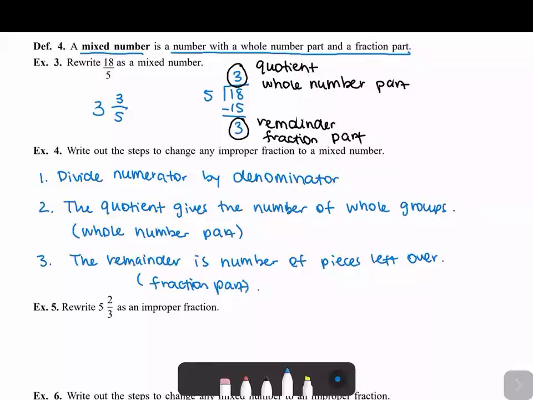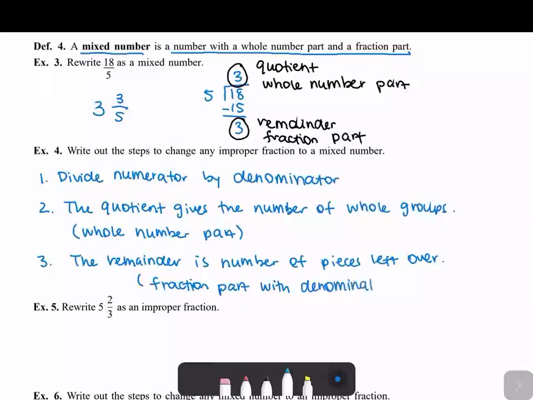Okay. So one thing to note with this fraction part is that this fraction part has a denominator as the divisor.